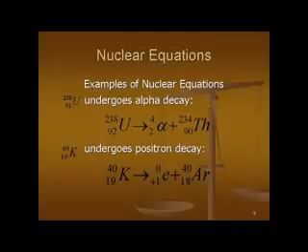Now, the mass is conserved because if you take the mass numbers of thorium and the alpha particle, 234 plus 4, you get 238, which is the same as the uranium. And then the atomic numbers of 2 plus 90 adds up to 92, which is also the same as the uranium. So that's a balanced nuclear equation showing alpha decay of uranium-238.